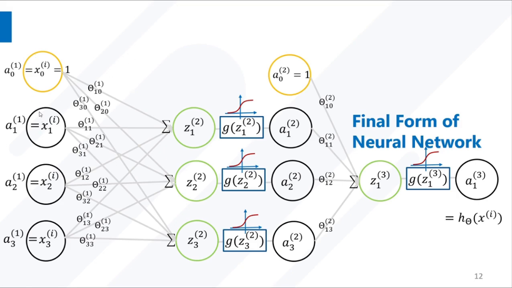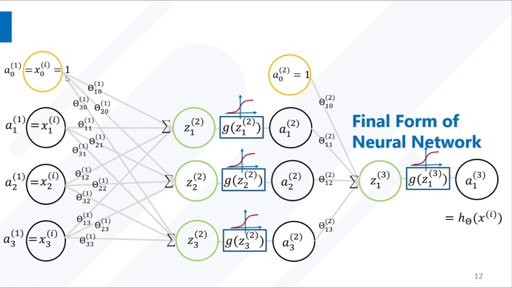For example, the 4 input units, actually 3 input units and one is the x0 unit. These units are the inputs, and with the multiplication of theta, we add up together and you get z, and z is fed to your sigmoid function, and the output is called the A2 activation.